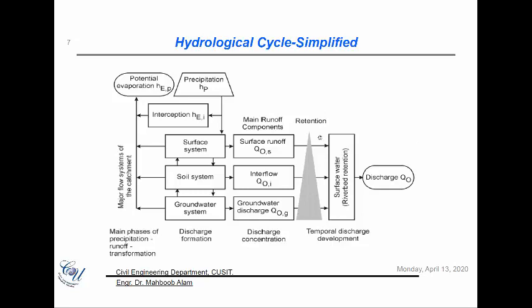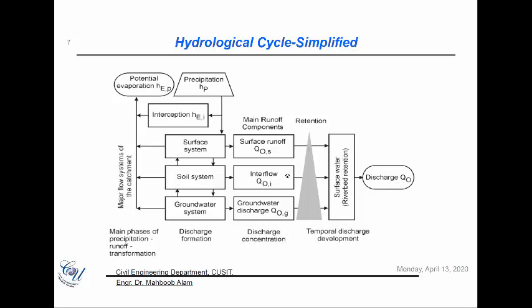I'm not going into the details of the retention or what this triangle means here, but just consider it as the time that each component of the runoff takes to reach or to change into the discharge. So surface runoff, you see, takes a very short time; it reaches the discharge or converts into discharge very quickly.